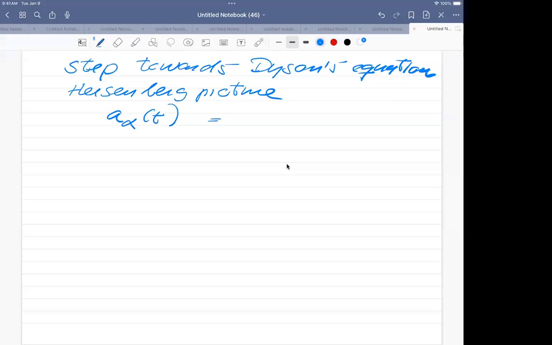Remember, we had this transformation, which we discussed yesterday and last week, of e to the i H t times a alpha. This is the normal one in the Schrödinger picture. And you can find all these expressions in the slides which I put online. So everything should be there.